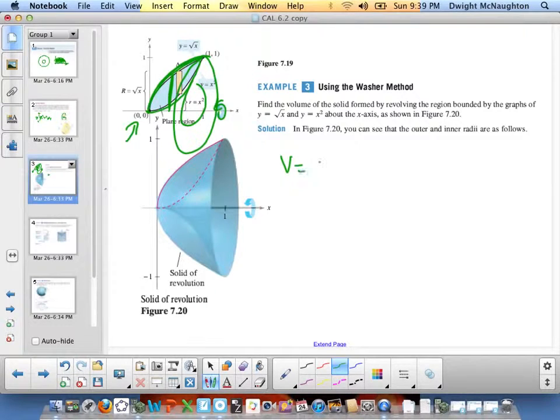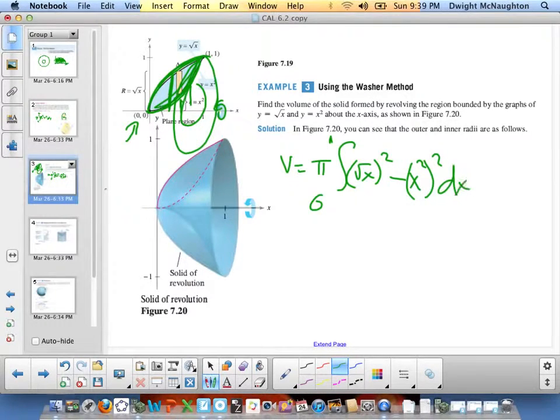So our volume will be pi from 0 to 1 of the square root of x, squared. That's our large radius. And our small radius is right here. We subtract the hole out, which is x squared, squared, with respect to x. We'll clean that up and we'll integrate. So this is going to be x minus x to the fourth with respect to x.